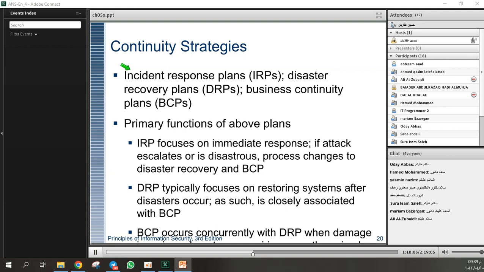IRP focuses on immediate response. Why? Because if I don't stop the incident, at a higher level it may become a disaster.